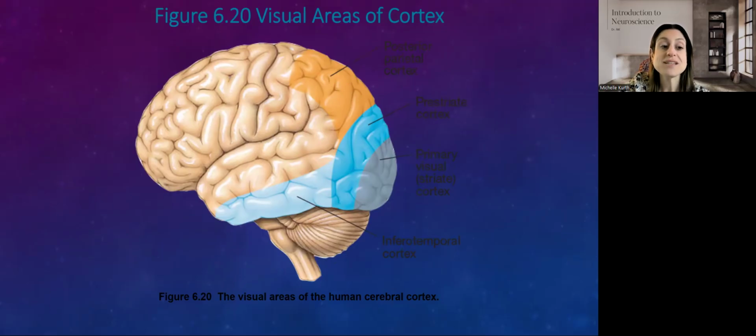And let me get my little laser here, but it's going to be this right here. You have that pre-striate cortex that I mentioned. It's this blue right here. And then you have the primary visual striate cortex. So this is kind of your primary, this is your secondary, this is the visual association. And then you also have the inferotemporal cortex, which I mentioned right here.